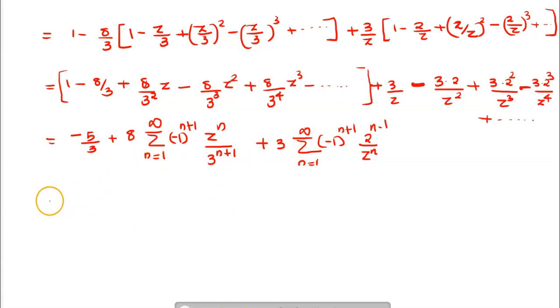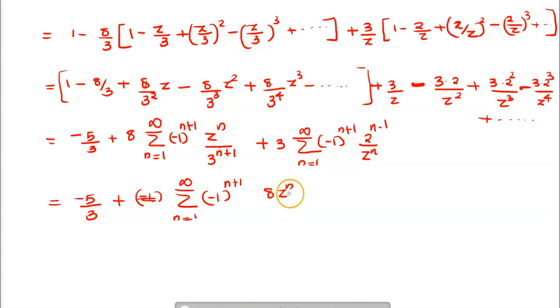So this is our series, or we can write it as minus 5 by 3. Minus 5 by 3 is our constant term A naught in the Laurent series expansion. And this is series n is equal to 1 to infinity, minus 1 power n plus 1, 8 into z raised to n divided by 3 raised to n plus 1, plus 3 into 2 raised to n minus 1 divided by z raised to n.